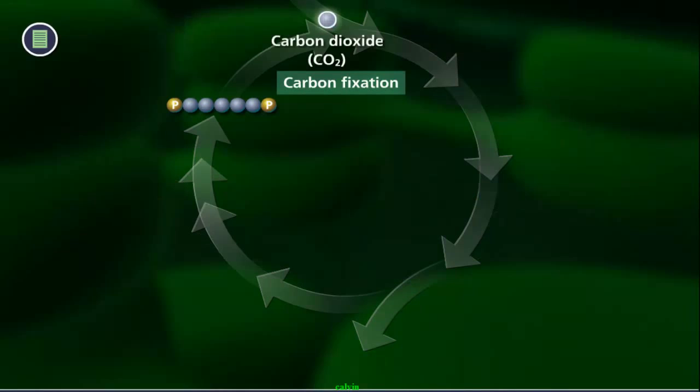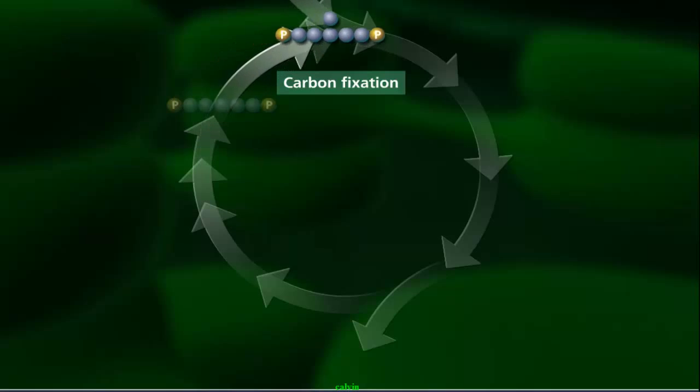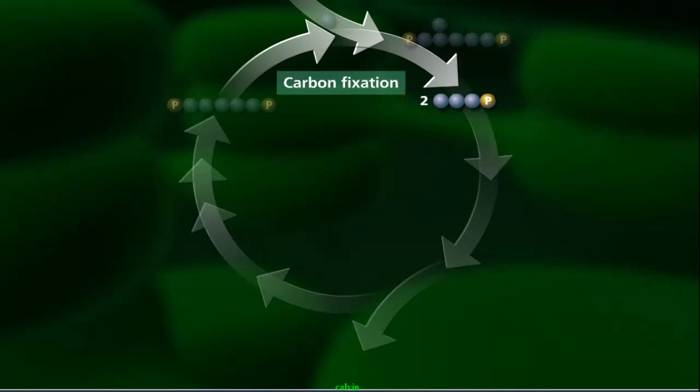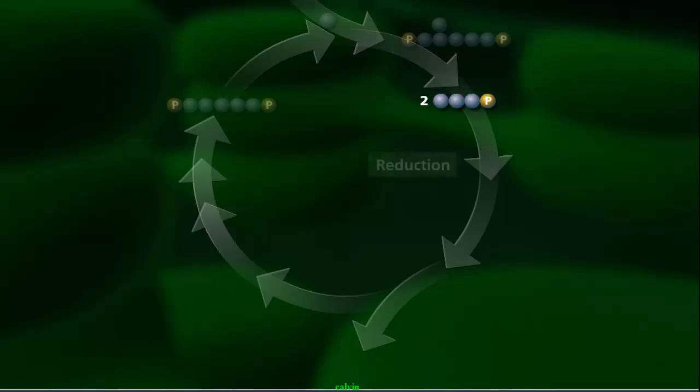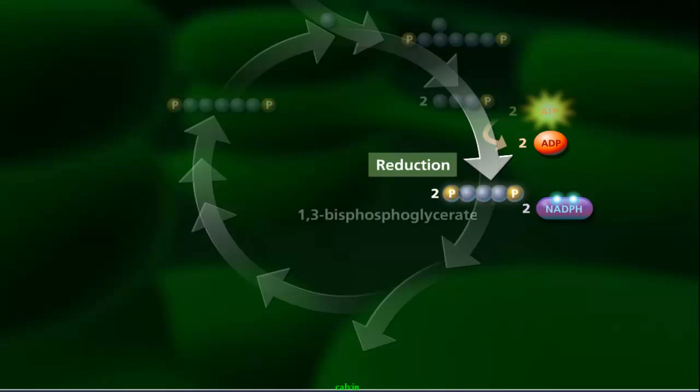In this step, carbon dioxide is attached to ribulose 1,5-bisphosphate, resulting in a 6-carbon molecule that splits into 2 3-carbon molecules. The second step is a sequence of reactions using electrons from NADPH and some of the ATP to reduce carbon dioxide.